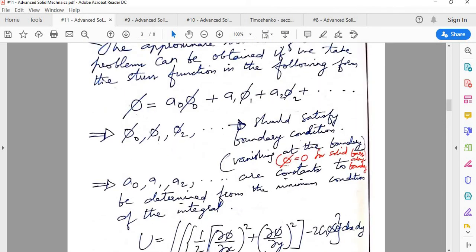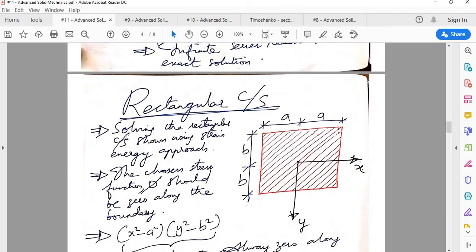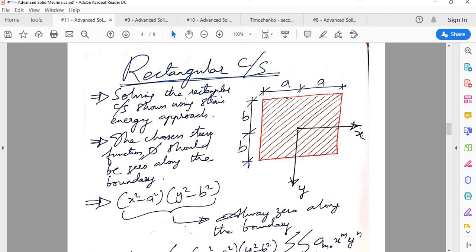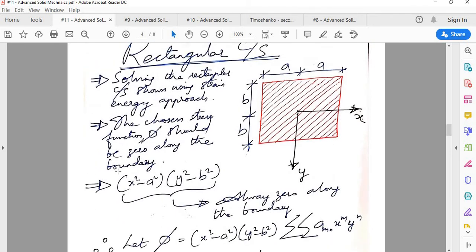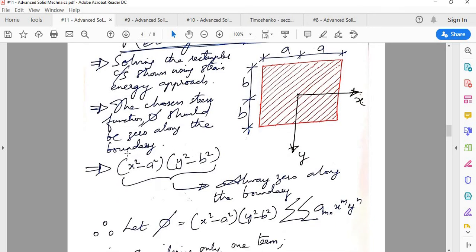So our expression for phi, the stress function chosen for a rectangular cross section like this, should be such that phi is 0 along the boundary. Now we know that if you take any function of the following form, x squared minus a squared into y squared minus b squared, automatically when you substitute x equal to plus a, minus a, y equal to minus b, plus b, this is always 0 along the boundary.